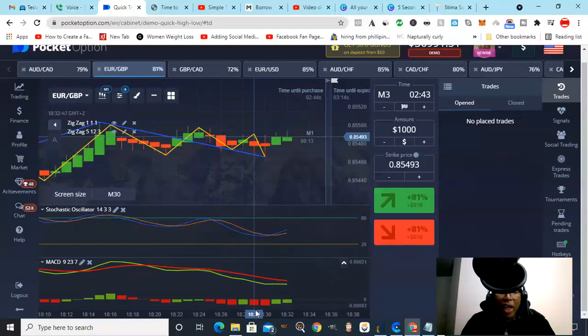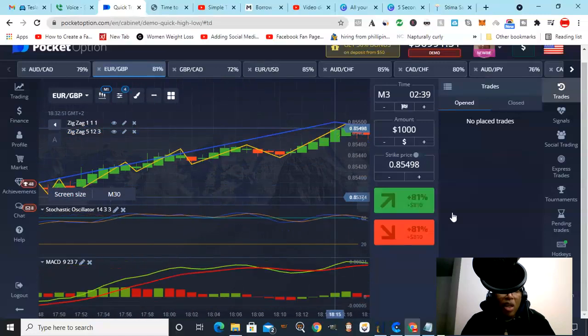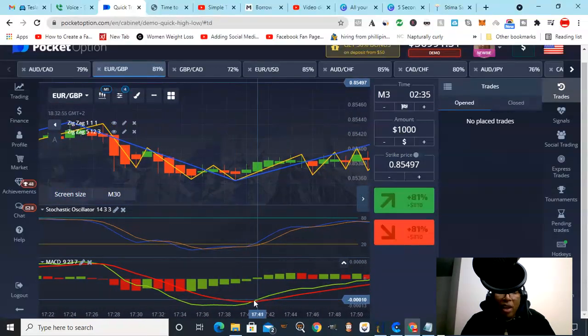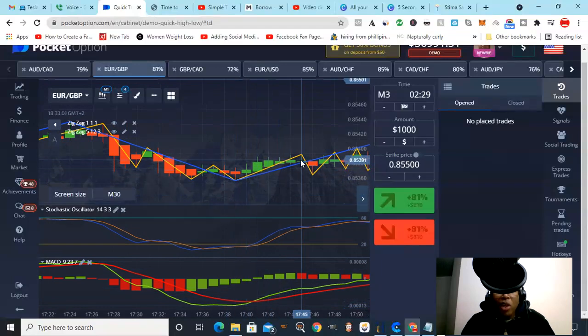The MACD lines crossed, the red and the yellow line crossed, and they are going up. You can see it was an upward trend, so we'll be doing a call option. Okay, and you can see it coincides with the stochastic. The stochastic was on oversold, and now you can go up. So if you had made a call option here, 3 minutes later, you would be in the money, guys.